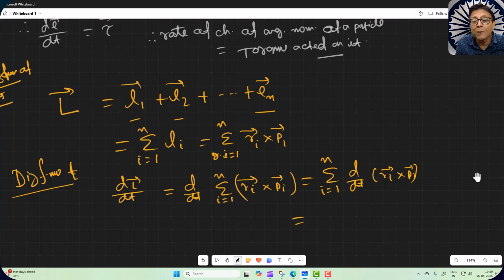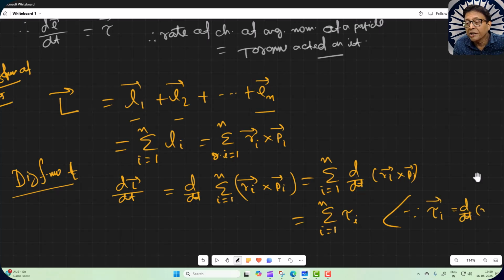So for the ith particle, this is going to be tau i, since tau i equals d by dt of Ri cross Pi.